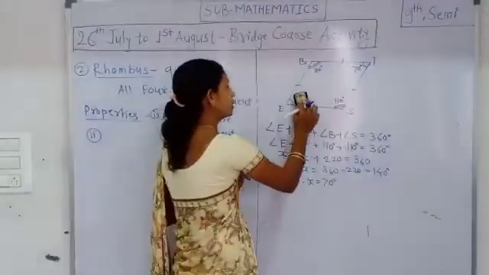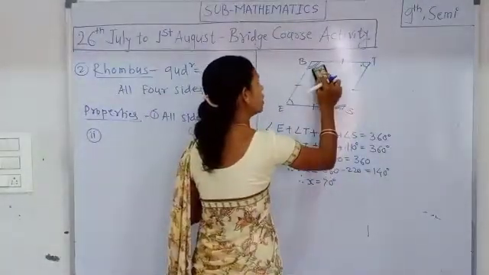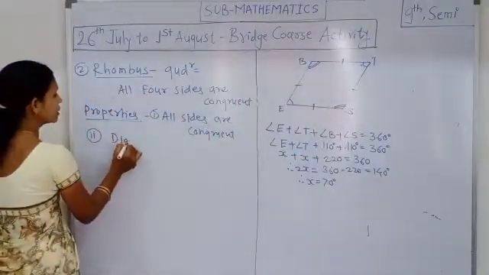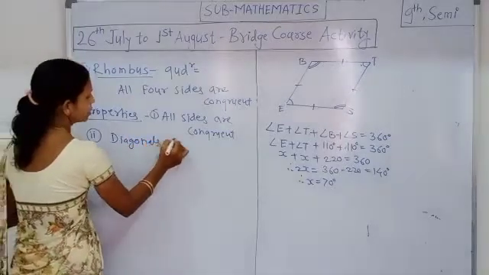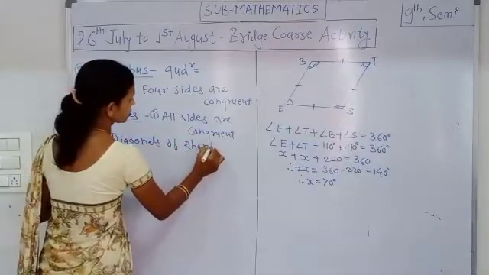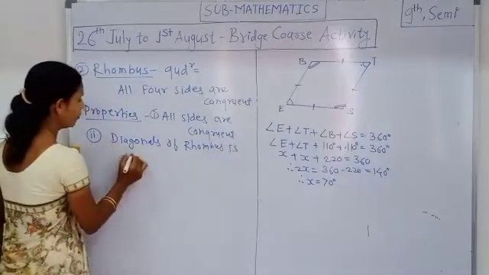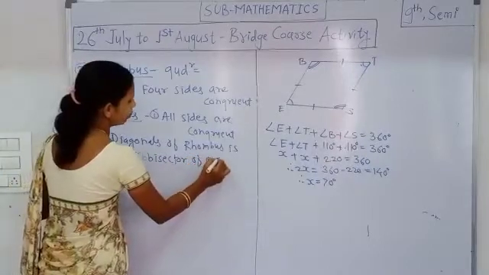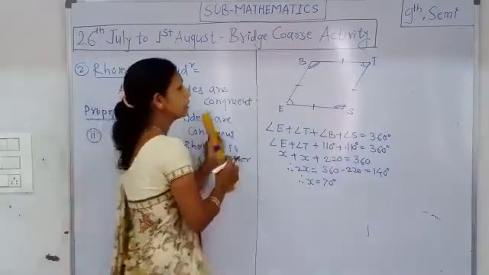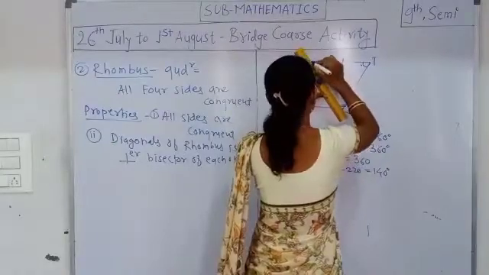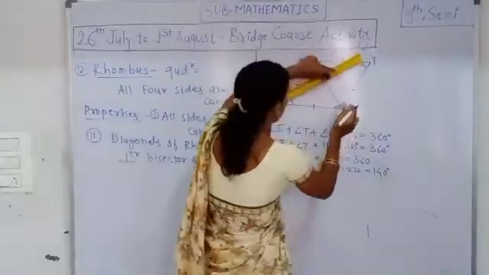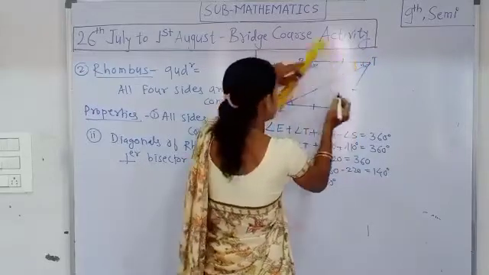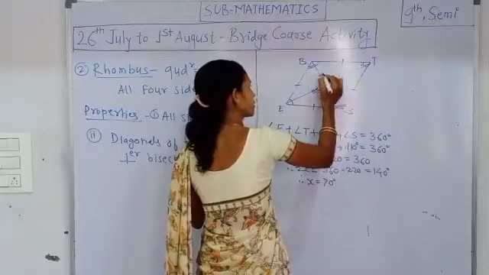One more property which is related with the diagonals of a rhombus: the diagonals of a rhombus are perpendicular bisectors of each other. That means diagonal BS and diagonal ET bisect each other.